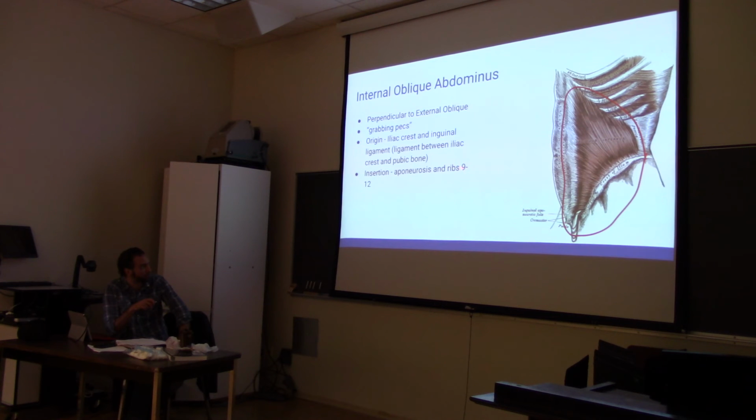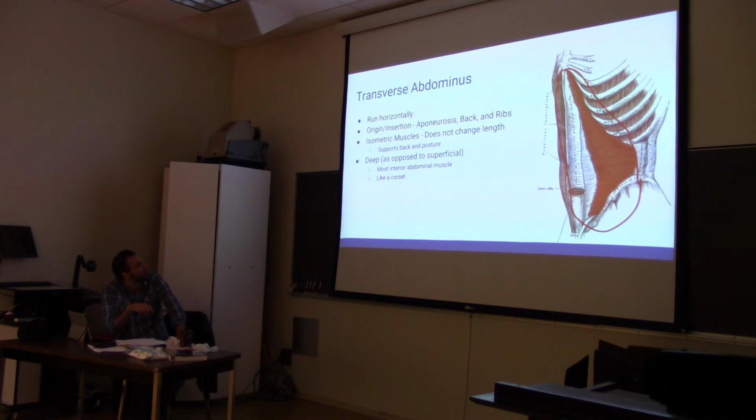Insertion is the aponeurosis and ribs 9 to 12. So if our origin is down here and our insertion is up here, which way did we go? Down. So it's kind of the same as the external obliques, but the muscle fibers run a different way, so they get more control over everything.